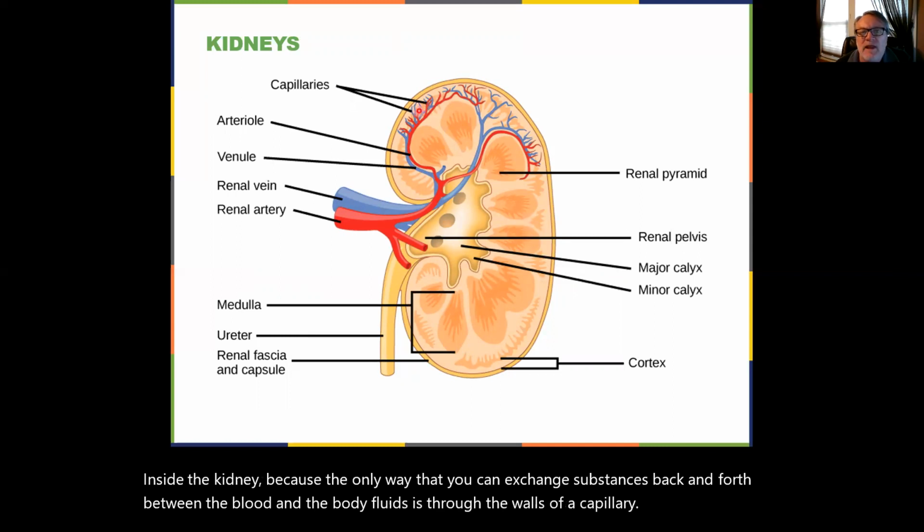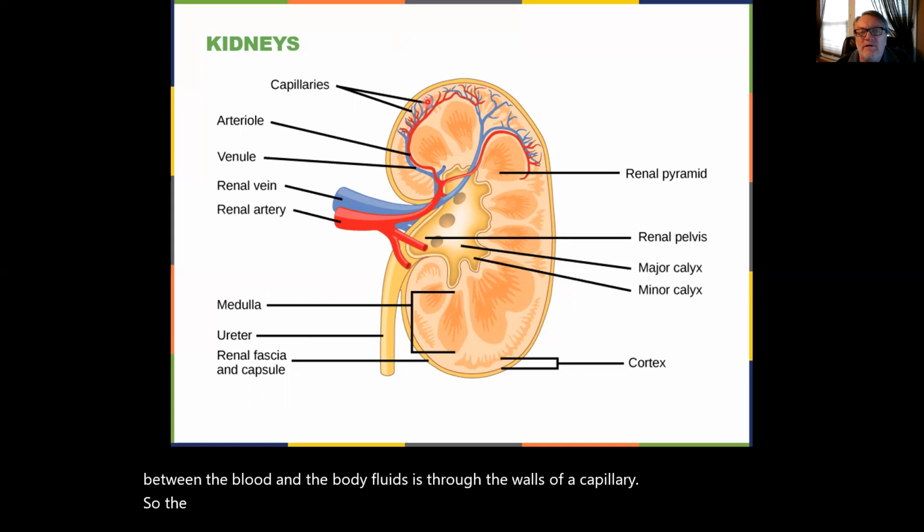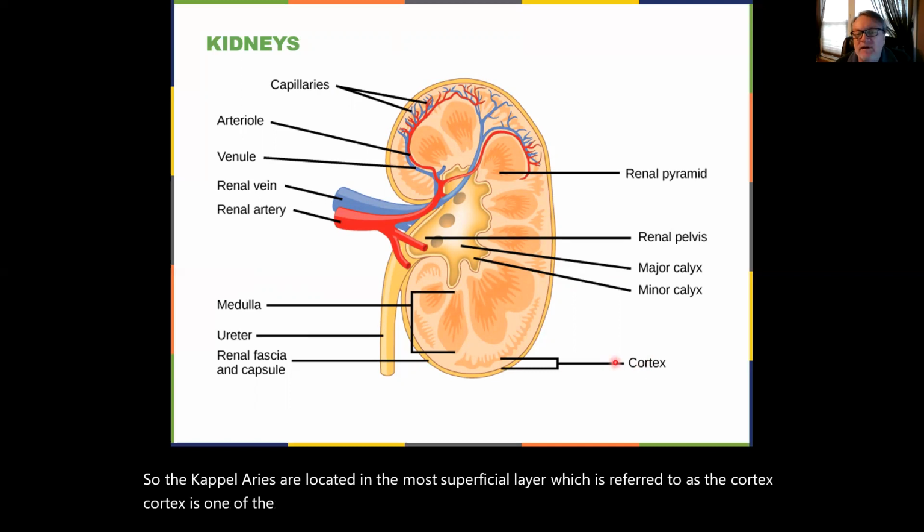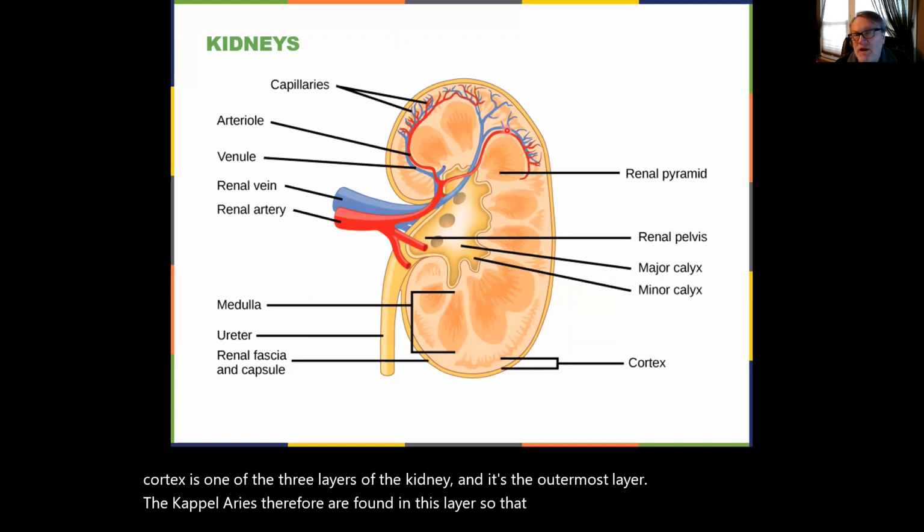So the capillaries are located in the most superficial layer, which is referred to as the cortex. Cortex is one of the three layers of the kidney, and it's the outermost layer. The capillaries, therefore, are found in this layer, so that must be where the exchange of substances is occurring.